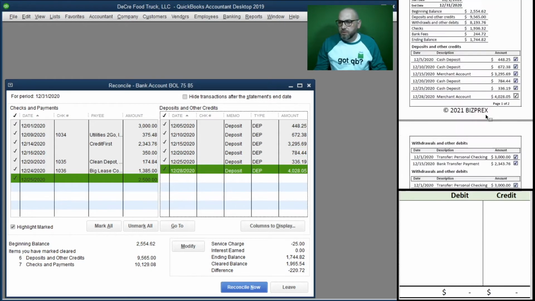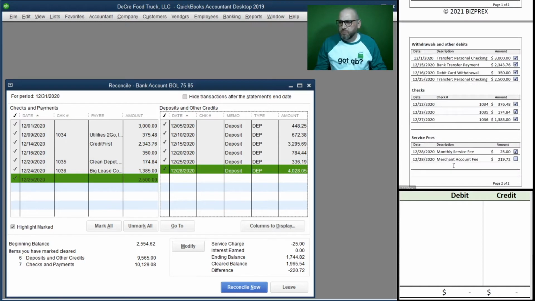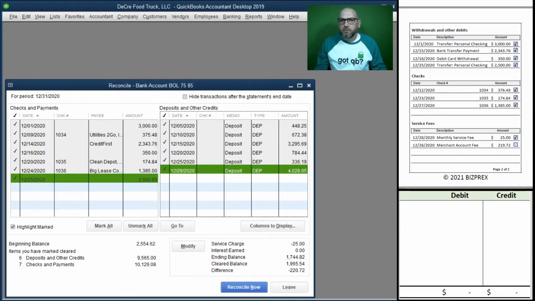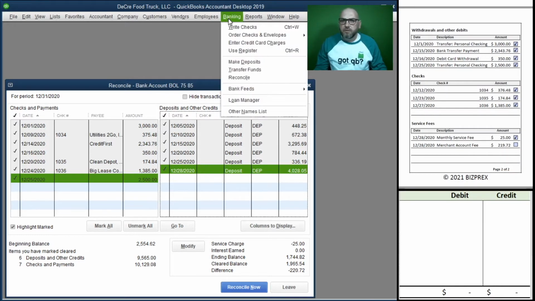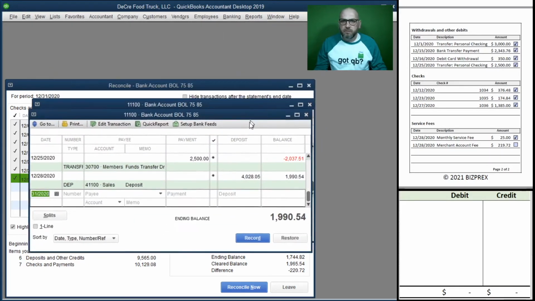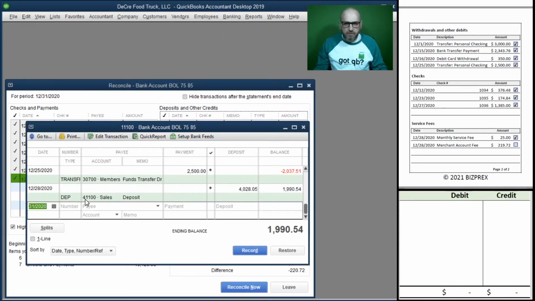Okay, so we're still not in balance, right? We have the merchant account fee, but it's not the same as here. Wow, what's going on? Well, let's book the merchant account fee and then go from there, right? So again, we're going to do banking and we're going to use register. All right, we're now in our banking account register. So here we are.